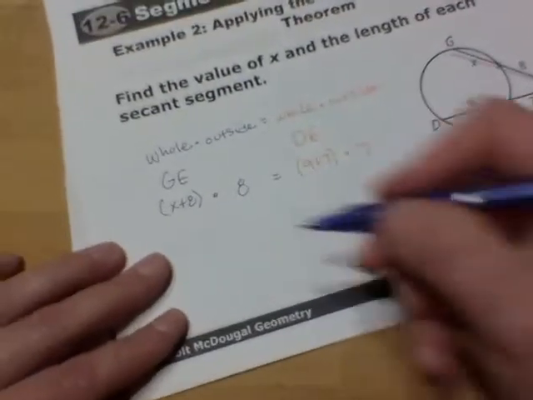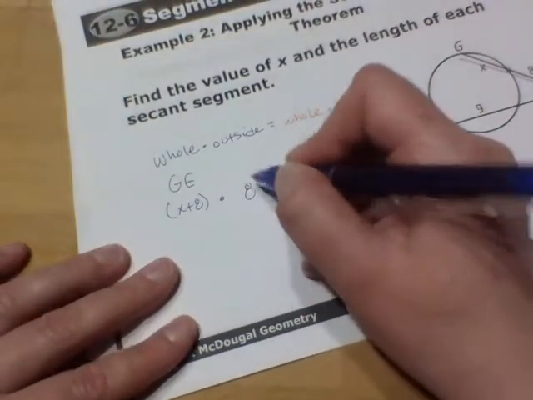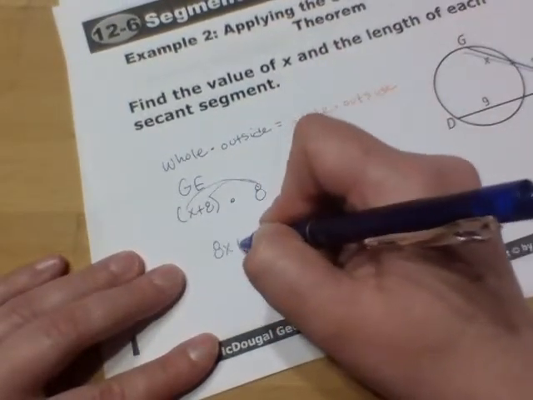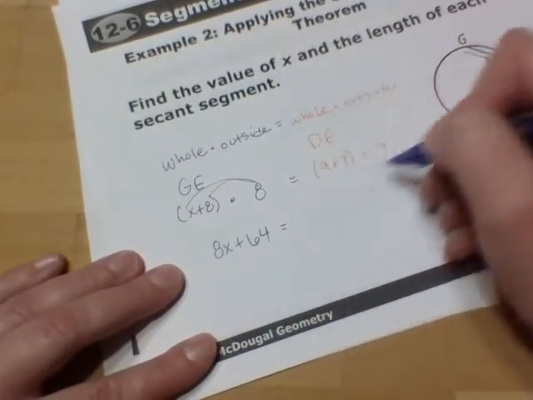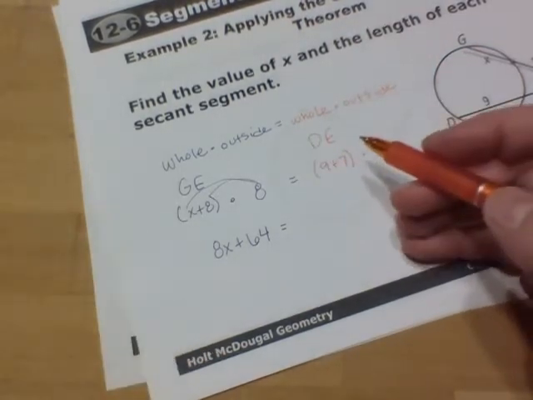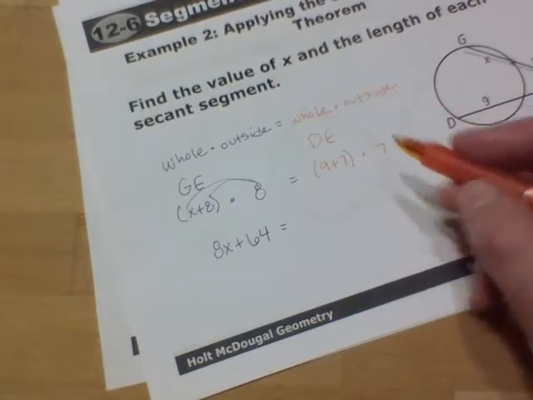So seeing if we can simplify here, we've got x plus 8 times 8. So we could distribute that to get 8x plus 64. Over here on this side, we've got 9 plus 7, which is 16, and 16 times 7 is 112.